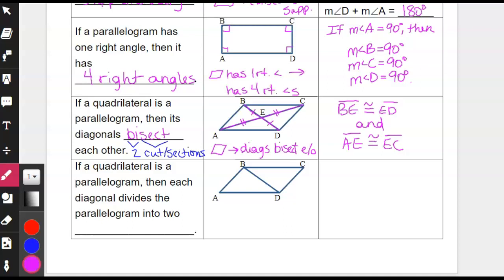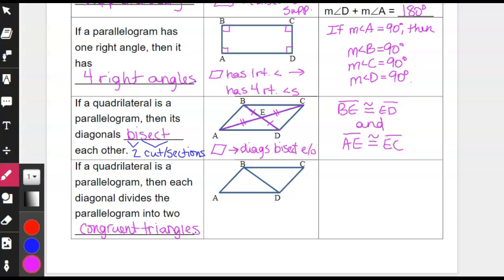And then finally, we have our last property. If a quadrilateral is a parallelogram, then each diagonal divides the parallelogram into 2 congruent triangles. Two congruent triangles.